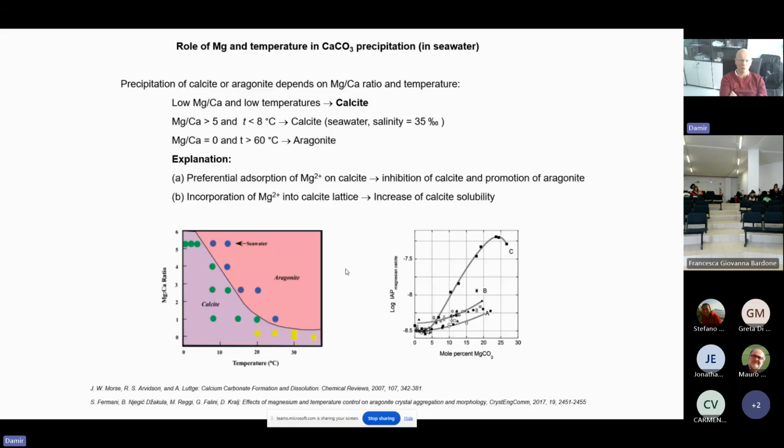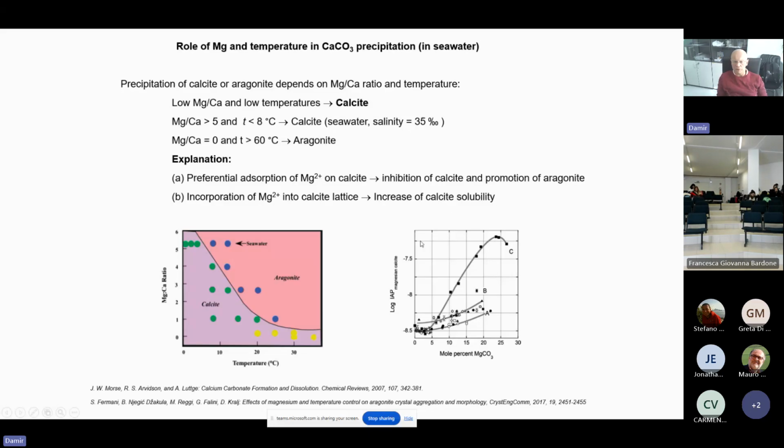Another explanation is related to the likely and easy incorporation of magnesium into the calcite crystal lattice. In this way, the solubility of calcite is strongly increased, and such calcite is actually more soluble than aragonite.